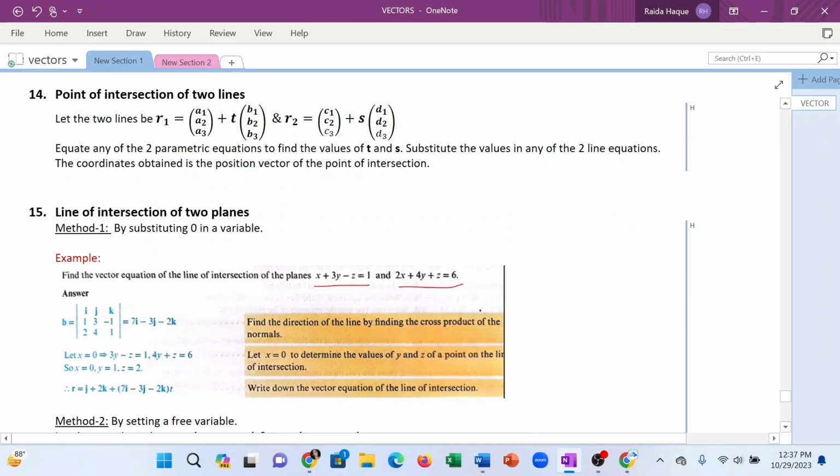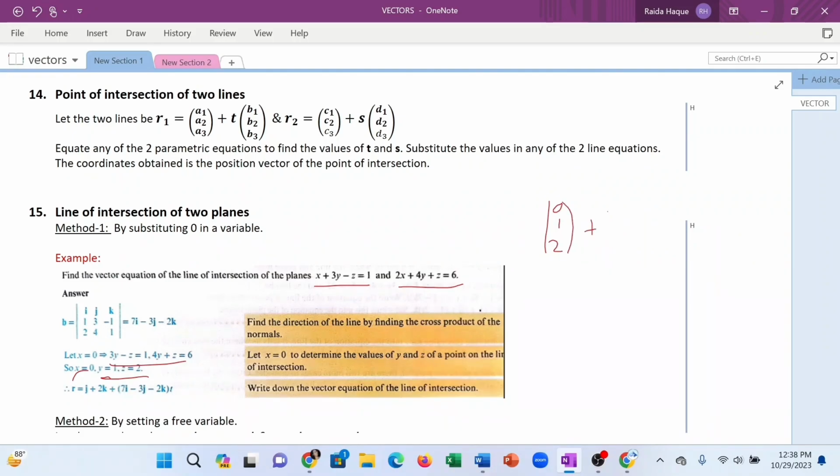Then you will find two equations with two variables. You will have 3y minus z equals 1, and then you will have 4y plus z equals 6. Then simultaneously solving those two equations, you will find the value of y and z, and you had already considered x to be 0, right? So what is the position vector of that point then? The position vector of that point will be 0, 1, 2.